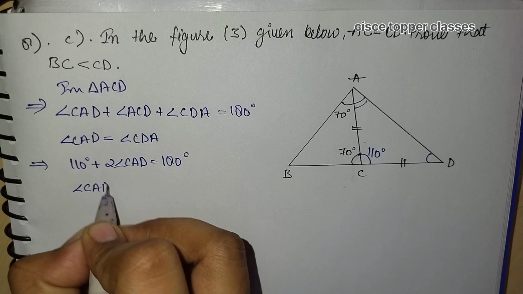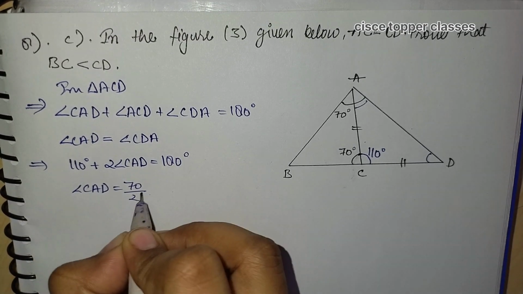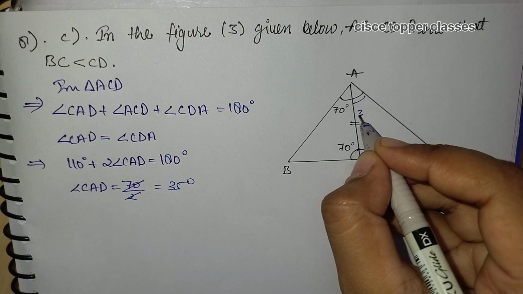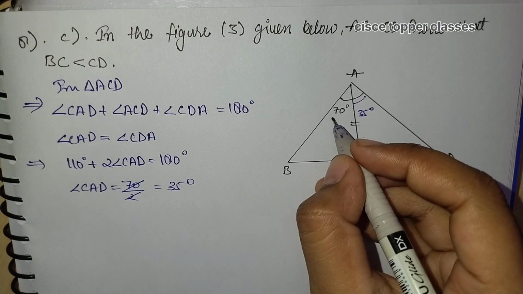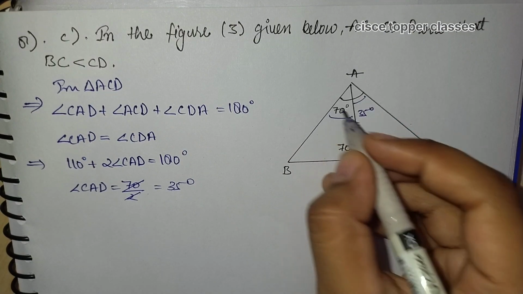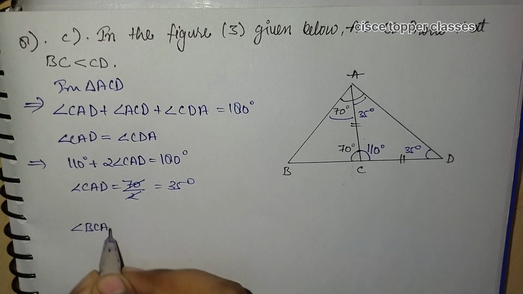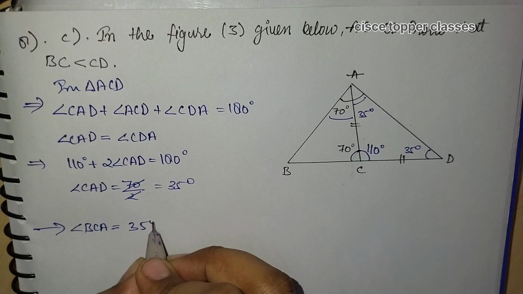So CAD is equal to 180 degree minus 110, which will be 70 divided by 2, means 35 degree. From here we found the angle here as 35 degree, and here also this is 35 degree. And here 70 minus 35, we will get this part angle, which is BCA. Here angle BCA we can find as equal to 70 minus 35, which will be 35 only.